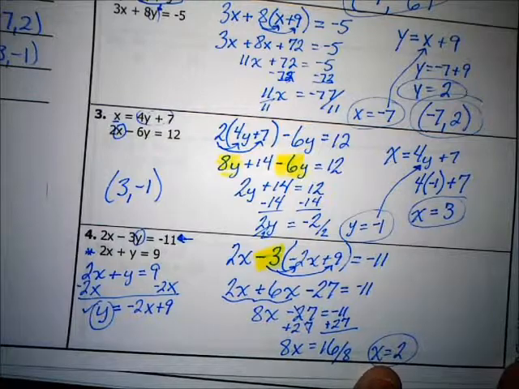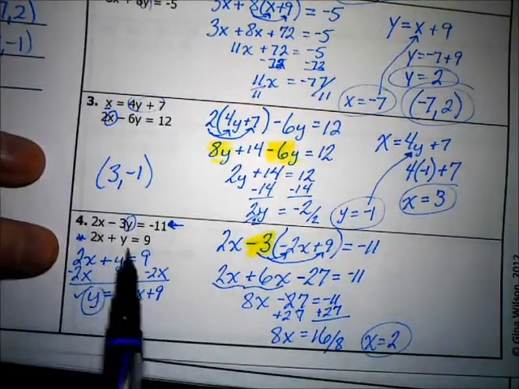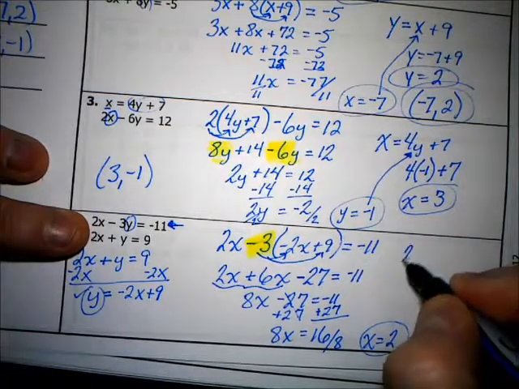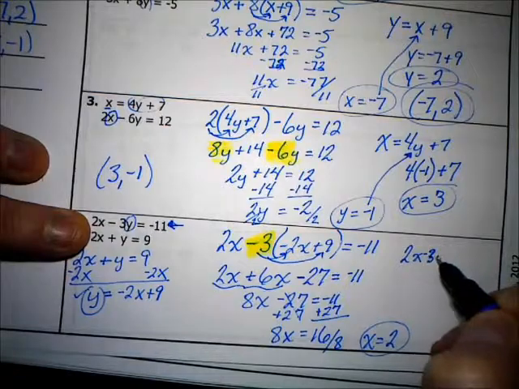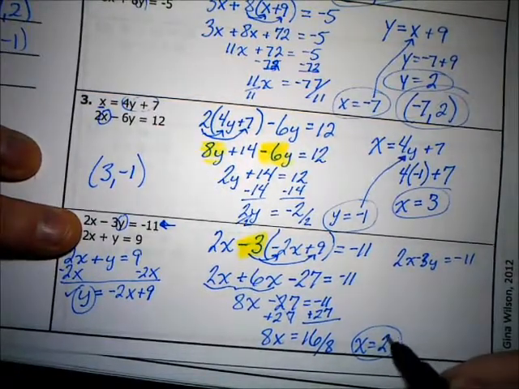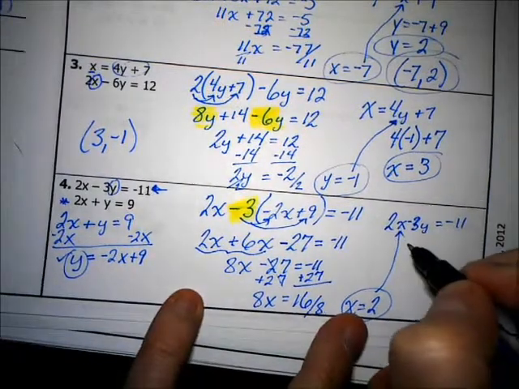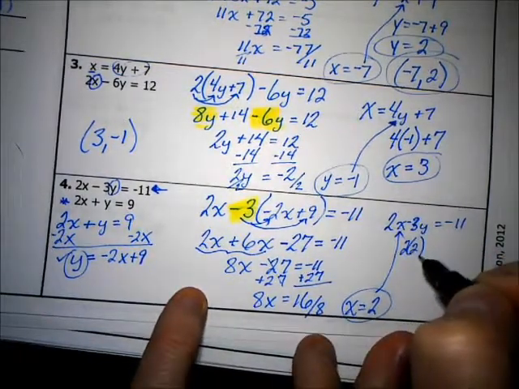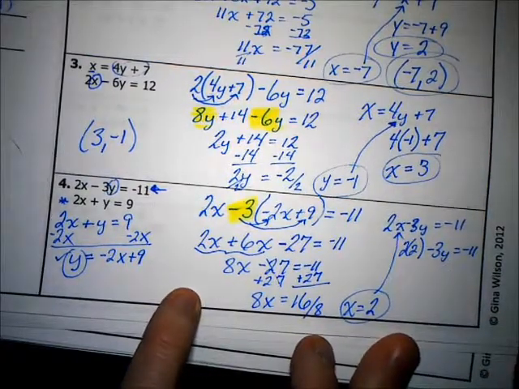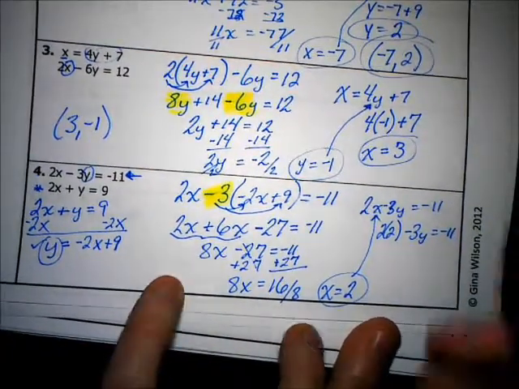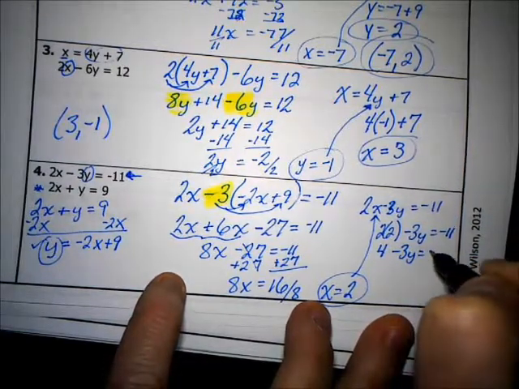Now I'm going to take this 2 and I'm going to plug it into either one of my equations. Doesn't matter which. I'm just going to take the first one. That has 2x minus 3y is equal to -11. So this is going in for my x. So that means I'm going to have 2 times 2 minus 3y is equal to -11. That means I have 4 minus 3y is equal to -11.